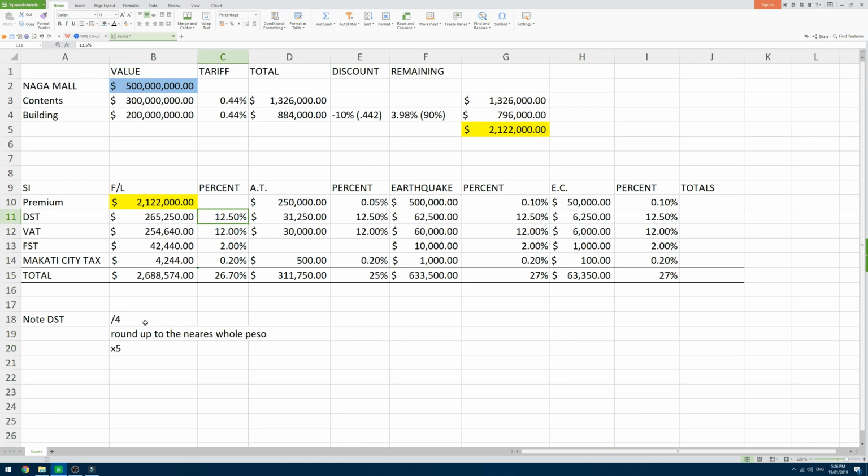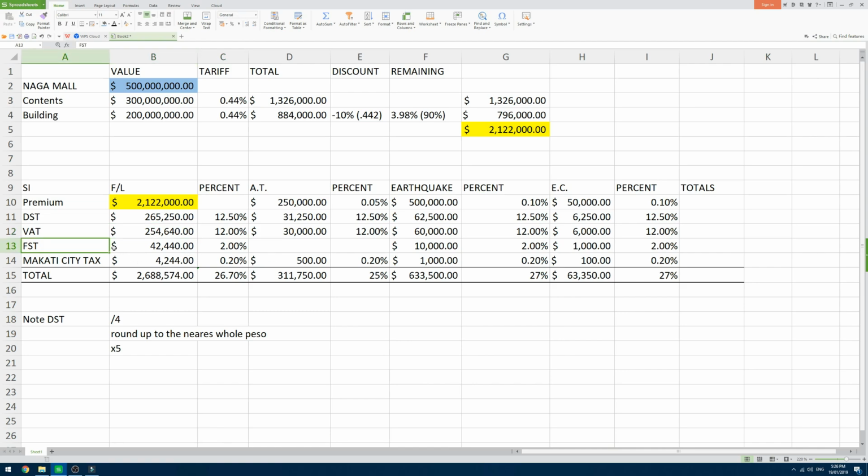So what is the difference between the two? If the end digit of your premium is even, they are the same, 12.5% and this computation. But if, for example, it ends in 3, an odd number, this computation is more accurate than directly computing it by 12.5%. Next is the VAT, 12%, automatic.